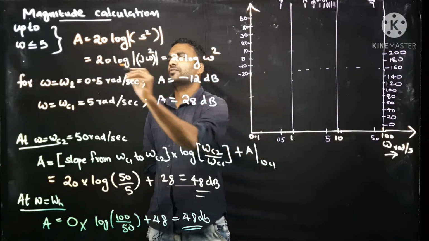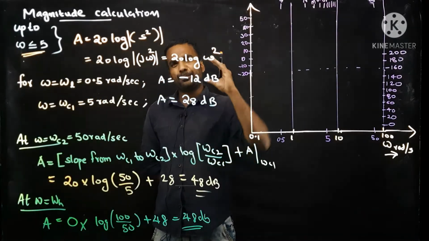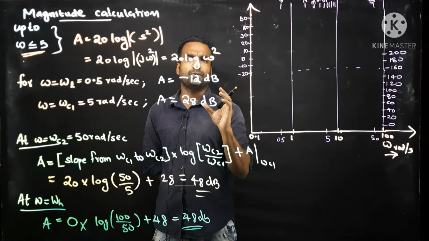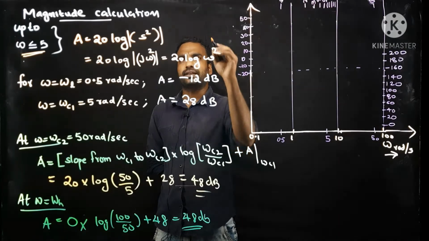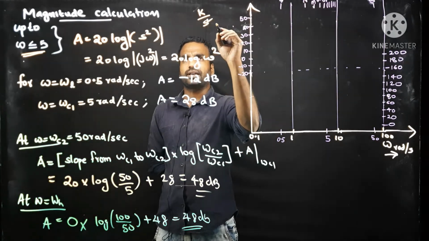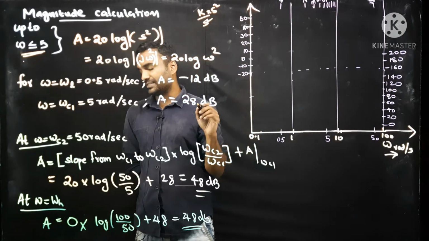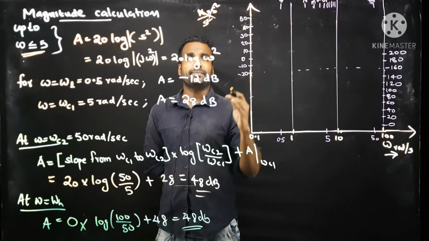So the first corner frequency was omega equal to 5. Up to the first corner frequency, the magnitude depends purely on the integral or differential term. Here k is absent, k is 1. Otherwise, k by that term or k into s square, such a term we have to consider for calculating the initial magnitude.